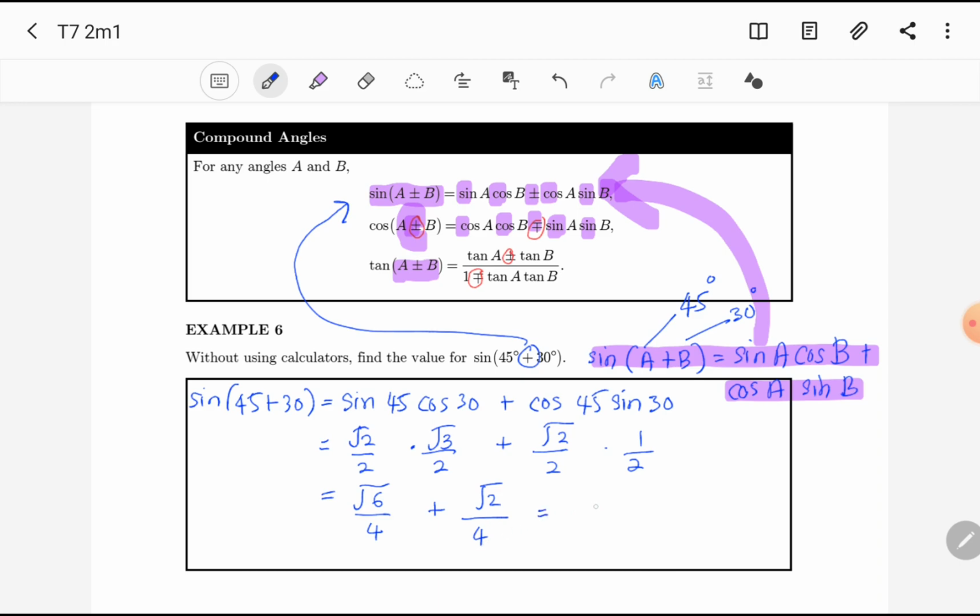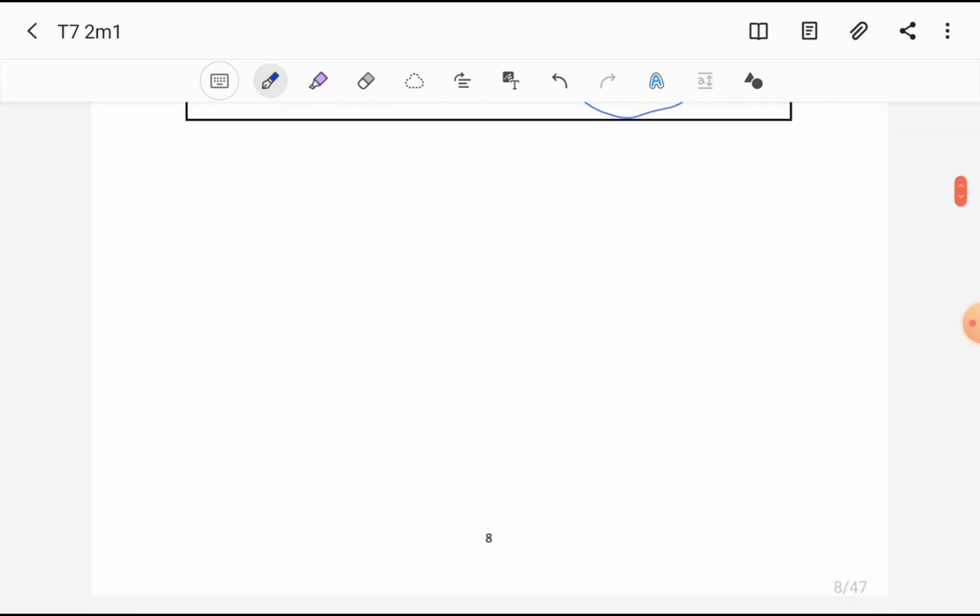Okay, or we can simplify. Kita boleh combine dia: root 6 plus root 2 over 4. Okay. So, bila dia kata without using calculator ni, memang jawapan awak akan bentuk root lah. Takkan bentuk point. Sebab kalau bentuk point, kantoi lah awak guna calculator.